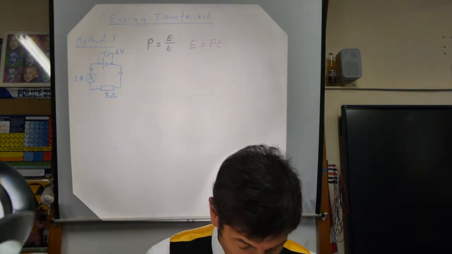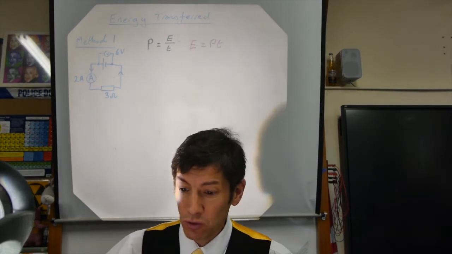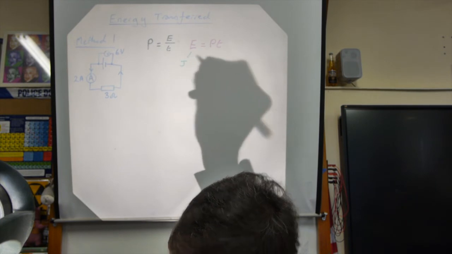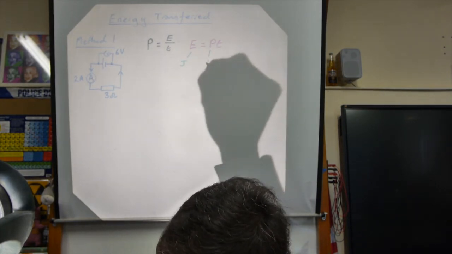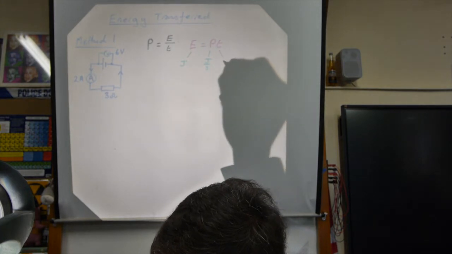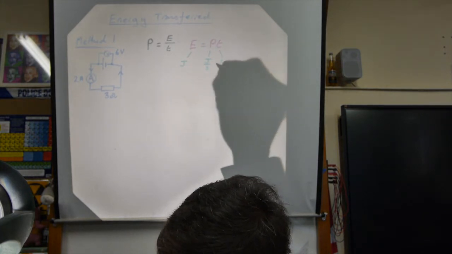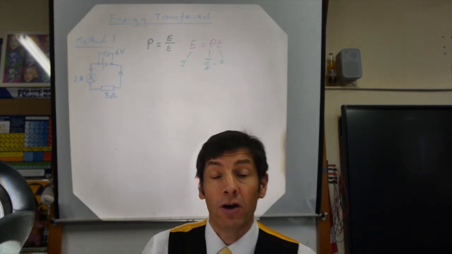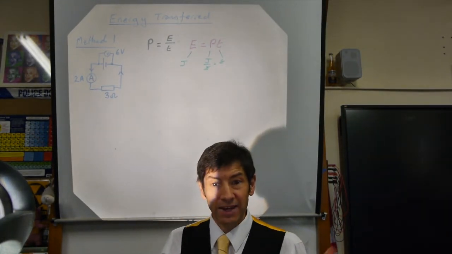Just to remind you, so it makes it really clear, that's in joules, because it's energy. This is in joules per second, and this one is in seconds. So you can sort of see that if you times power by time, you get energy.